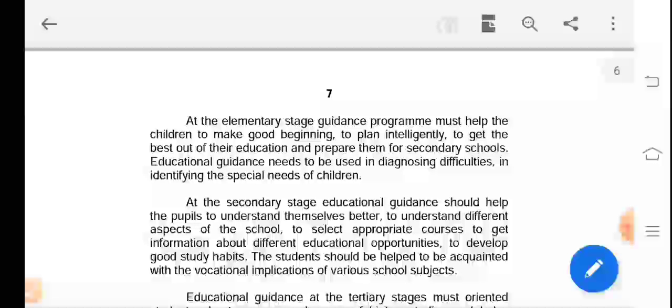So at the primary or elementary level, class 1 to 8, it helps an individual to develop a good beginning or good study habits, plan accordingly and in an intelligent way so that they can prepare for the secondary school. So the elementary stage helps an individual to prepare himself or herself for secondary school.